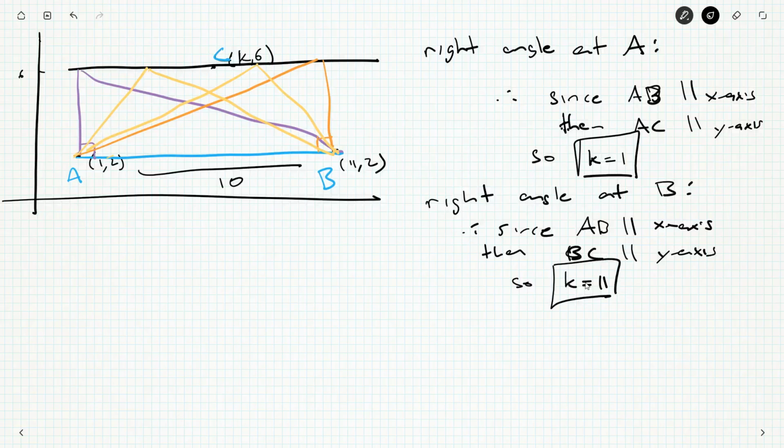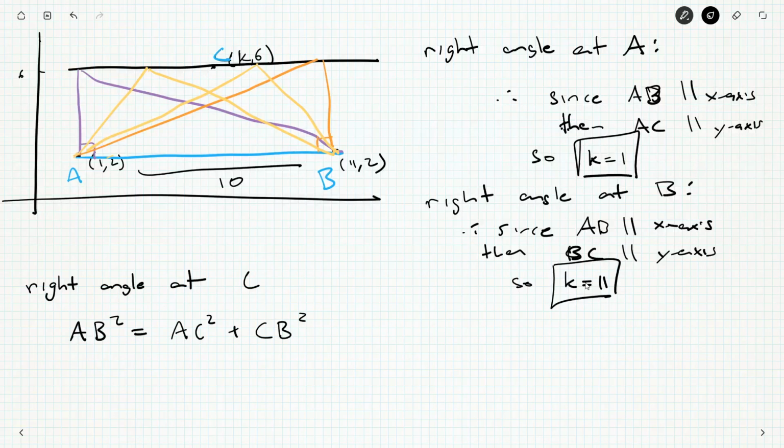Okay, now our final case, right angle at C. So then AB squared is equal to AC squared plus CB squared. I suppose we could have done it differently, like AB squared plus AC squared is CB squared, depending on where the hypotenuse would be. If CB is the hypotenuse, then the right angle is at A. So this is 10 squared is equal to, now how do we get the distance squared for A?